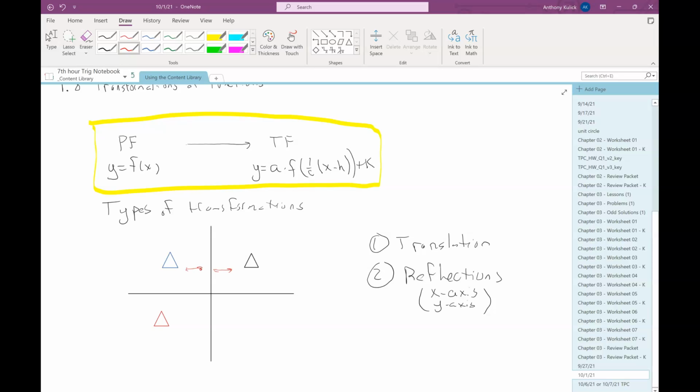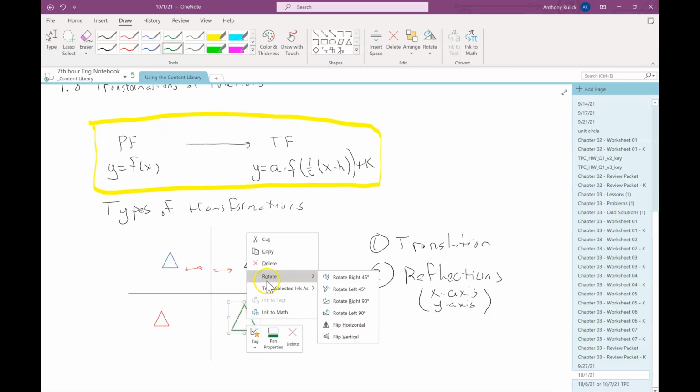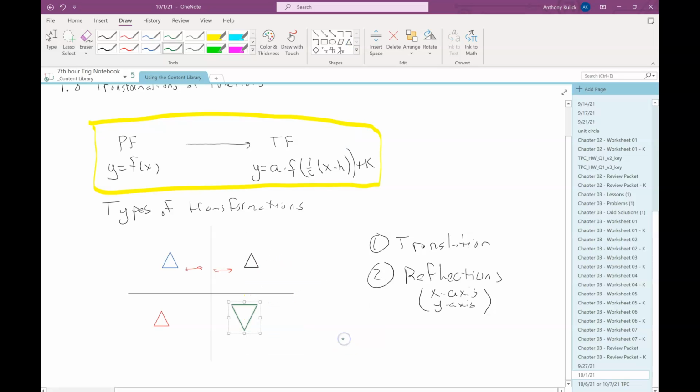Everybody's okay with that? If I had reflected across the x-axis, though, you'd notice that the orientation does change.